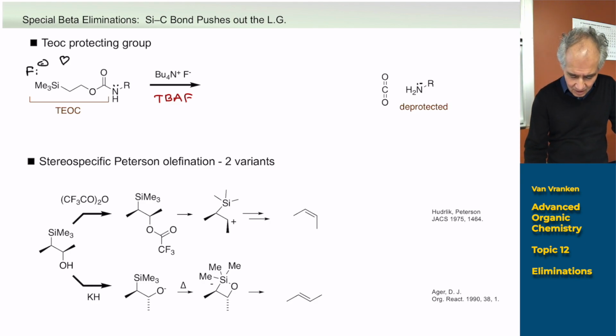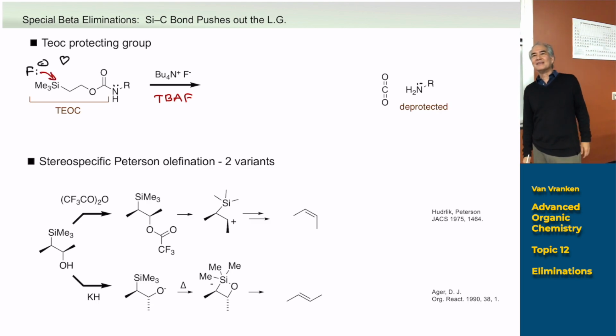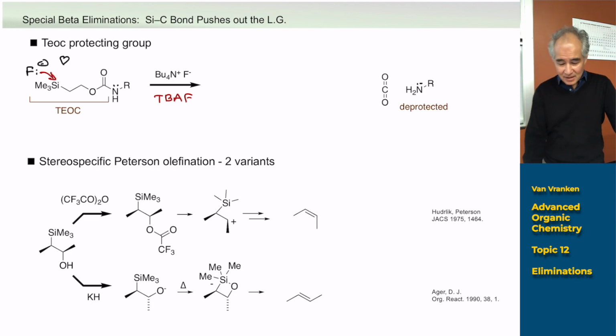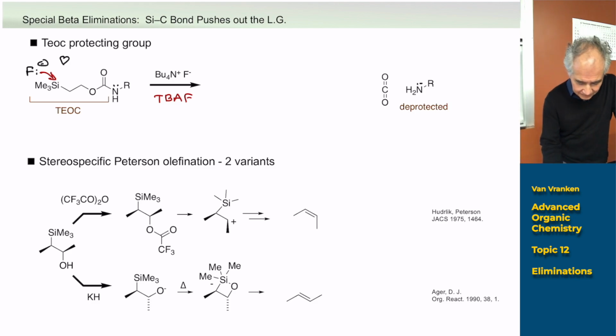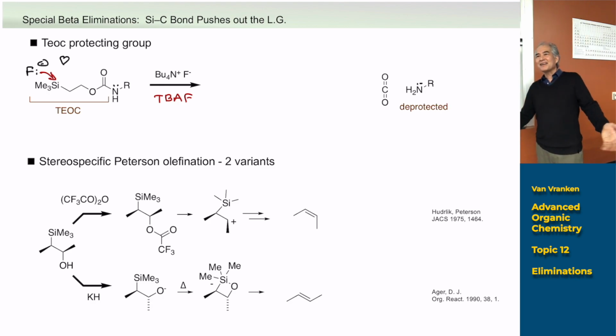And you may think, oh, is it really going to attack and make a siliconate? I've never seen that before. Sure, you've seen siliconates before. Fluoride loves silicon. Man, fluoride loves silicon. We don't buy hydrofluoric acid in glass bottles. It would chew through the glass bottle. That's silicon oxide.